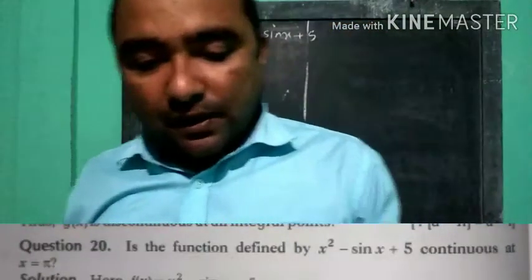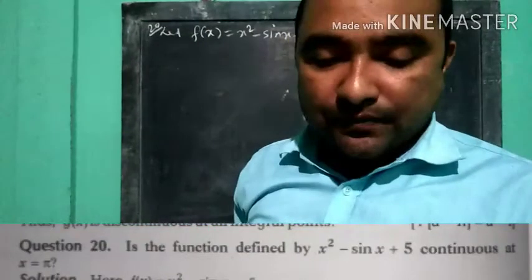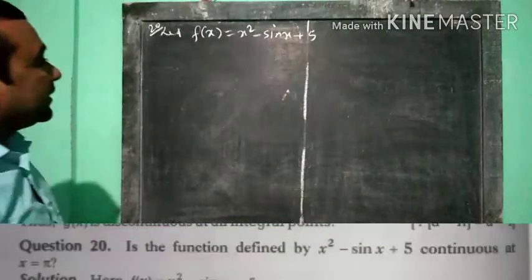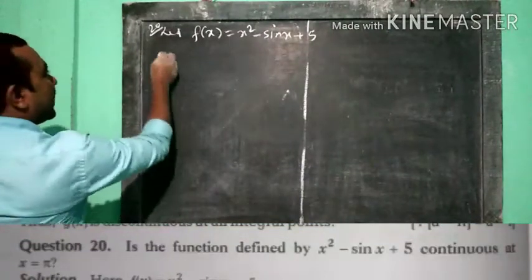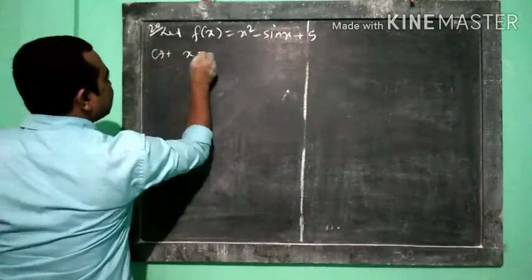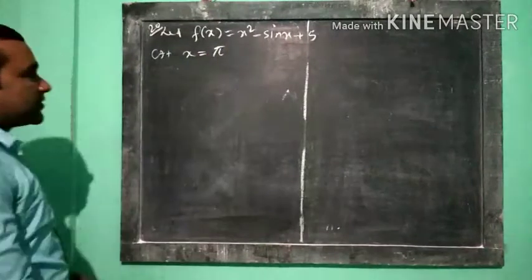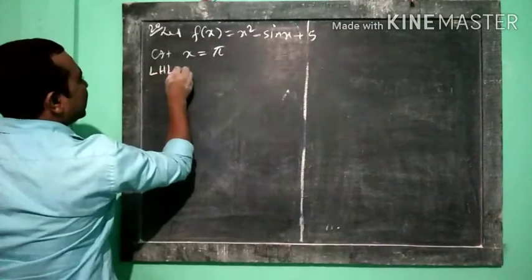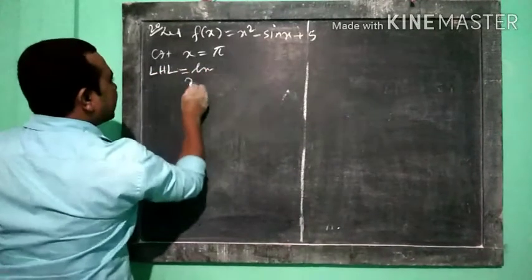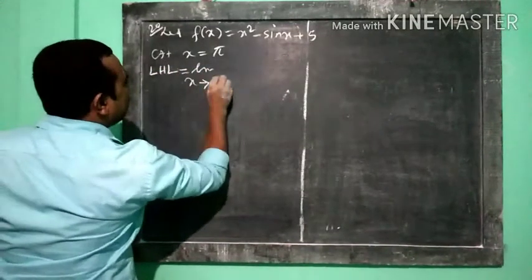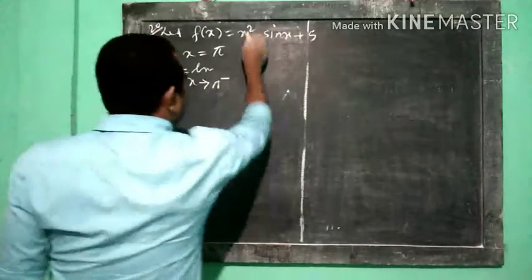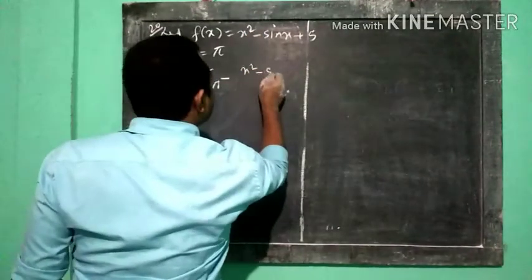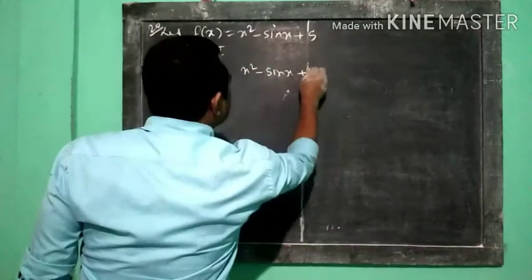At the point pi, we are going to check whether it is continuous or not. At x equal to pi, first of all we find the left hand limit. Left hand limit equals limit x tends to pi negative of x square minus sin x plus 5.